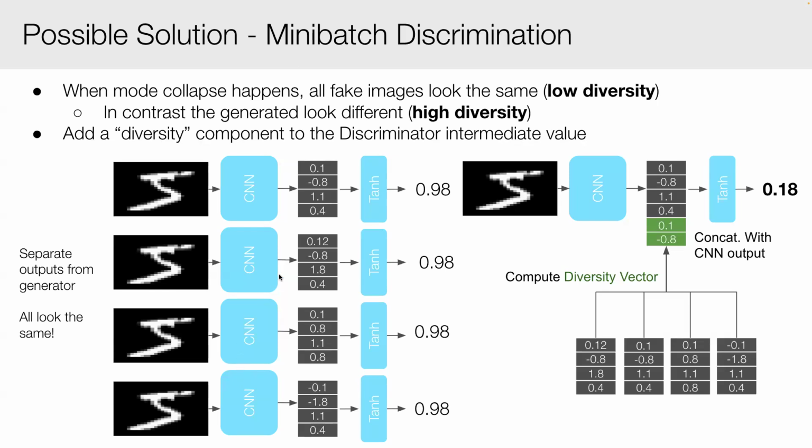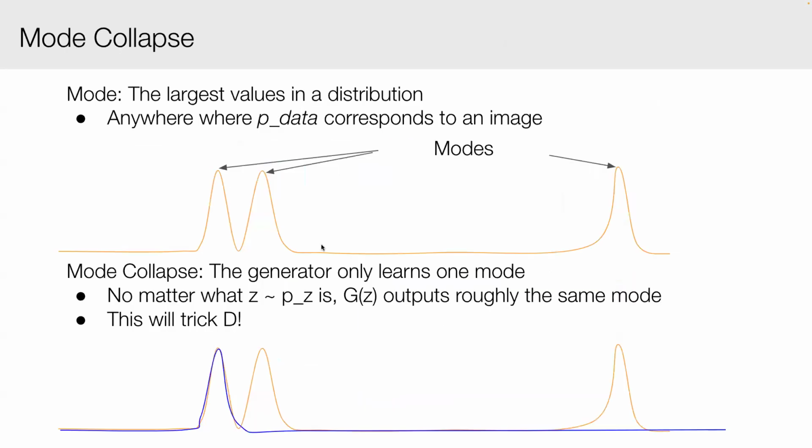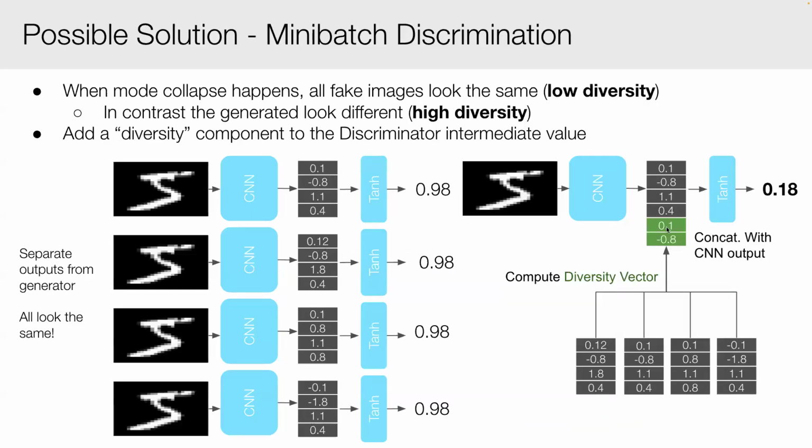Our final intermediate values before we pass it to the tanh and then linear layer are here. I know it's a little bit hard to see, but these values look very similar. These intermediate values, right before the last layer, look fairly close. We have 0.1, minus 0.8. Up here is 0.12, minus 0.8. They're all very close.